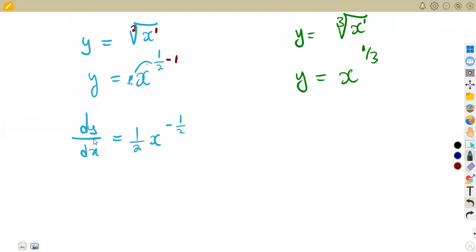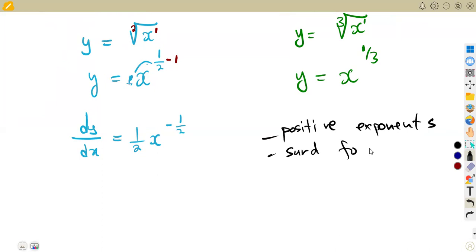Yes, you are done with your derivatives, but they might need you to write your answers as positive exponents and also in surd form. These are the two things that can possibly be asked. The surd form is which format?